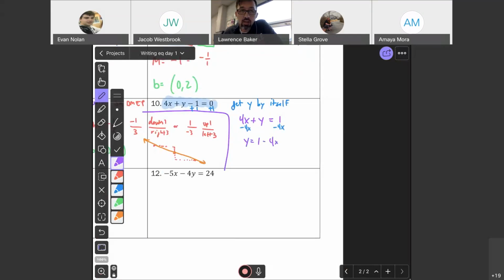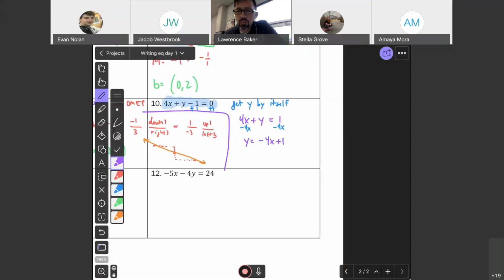But can you look at that and say what the slope is, what the y-intercept is? If you're going to struggle with that, then don't write it like that. Most people don't like it like that. So instead, you're going to write negative 4x plus 1.